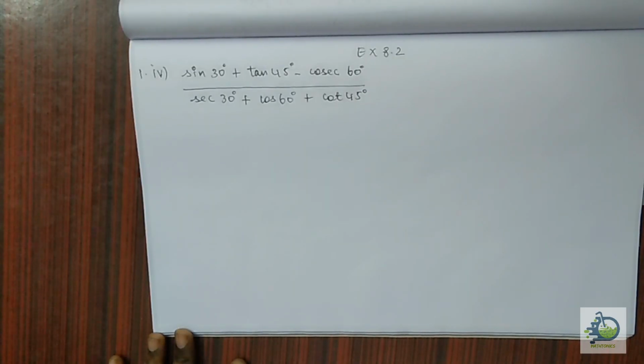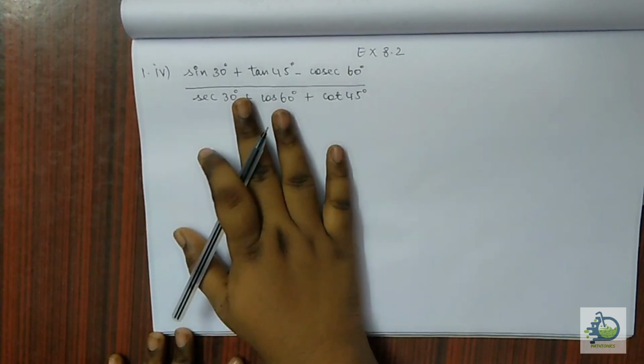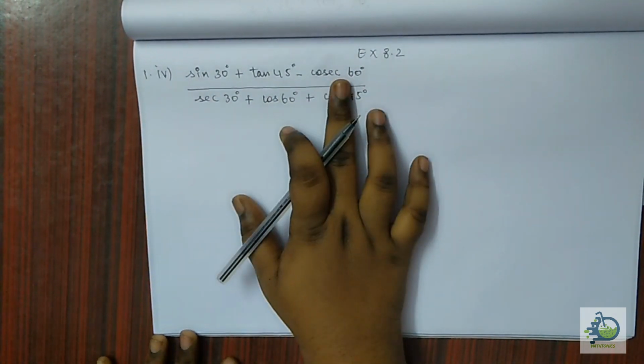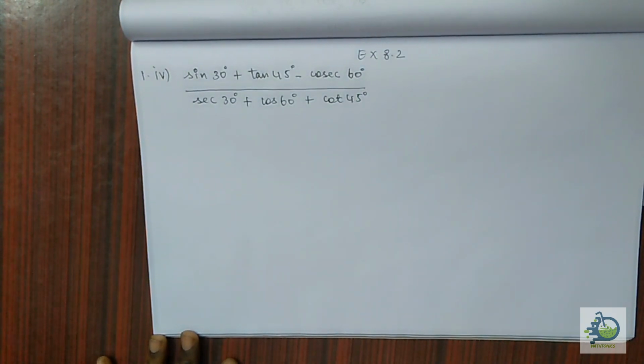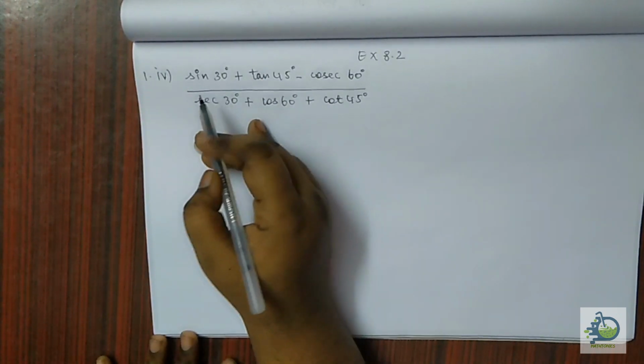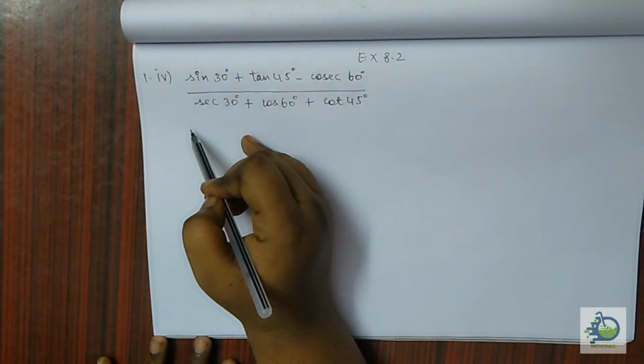Now, based on the table we learned before, let us solve this problem. Firstly, we need to know the answers for each of these and we are going to substitute them in this and then find the answer at last. For that, we have to know the value of sine 30.